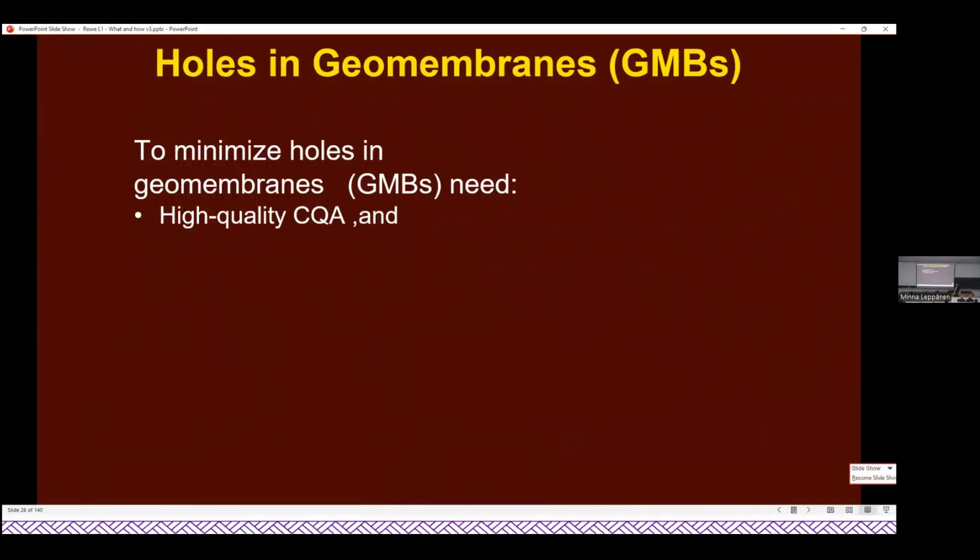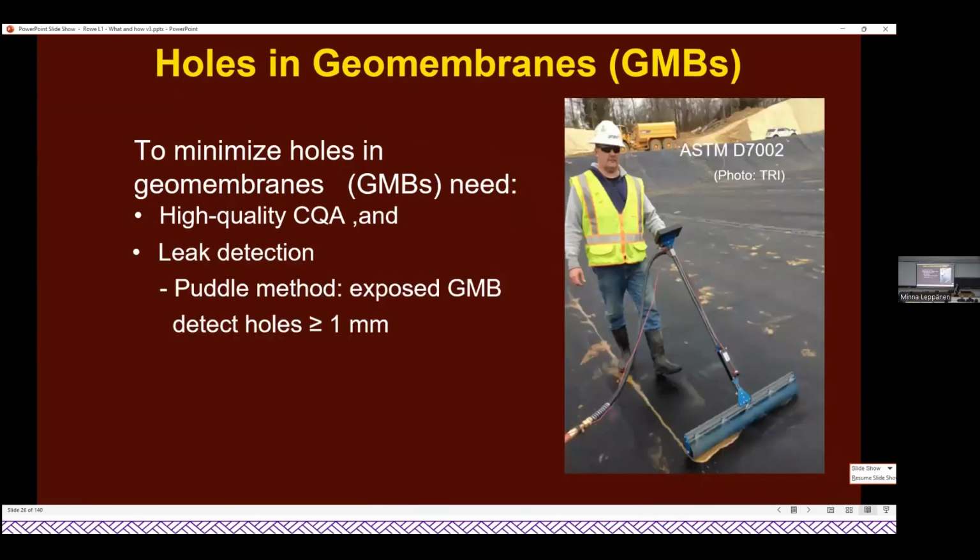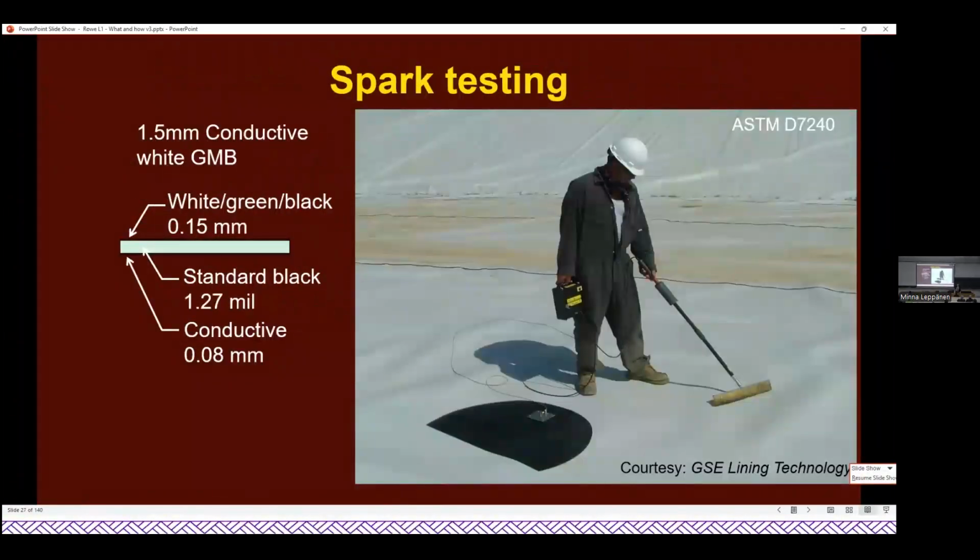So to minimize holes in a geomembrane, we need high quality construction, quality assurance, and look for the holes. So there are various techniques when you have an exposed geomembrane. The puddle method we see here can be used to find holes greater than about 1 millimeter, sometimes even smaller. And we can do it with geomembranes that have a conductive backing.